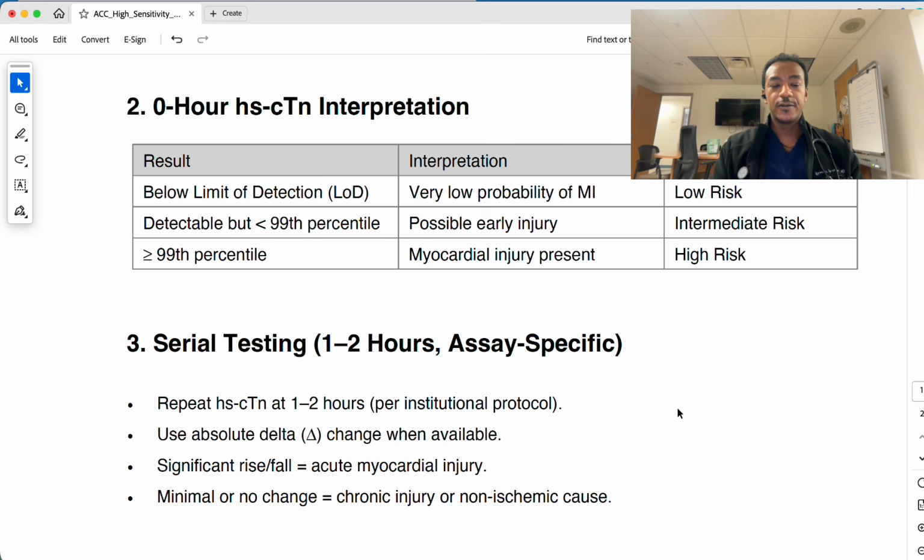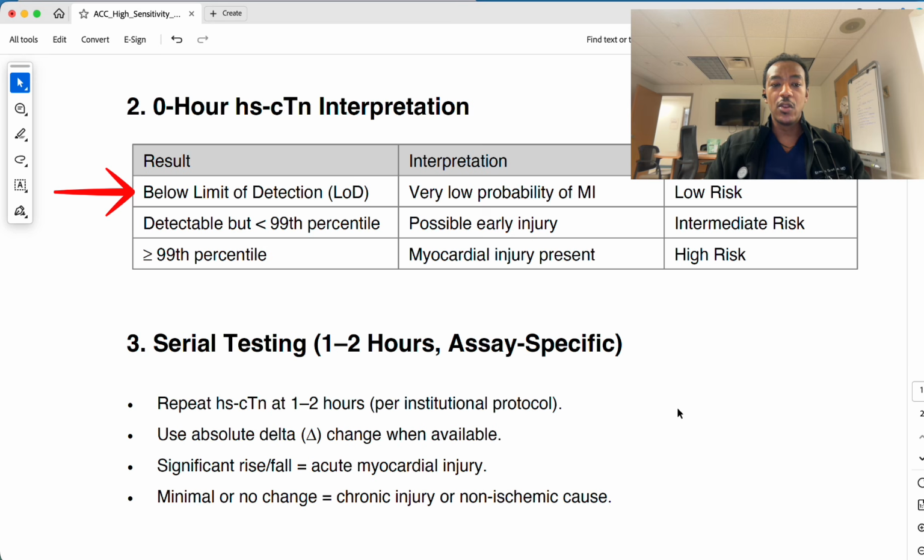So based on the first high sensitivity troponin level, you can actually do some risk stratification. If the 0-hour high sensitivity troponin level is below the limit of detection for the assay, there are different assays that assess high sensitivity troponin, and they have different limits of detection.